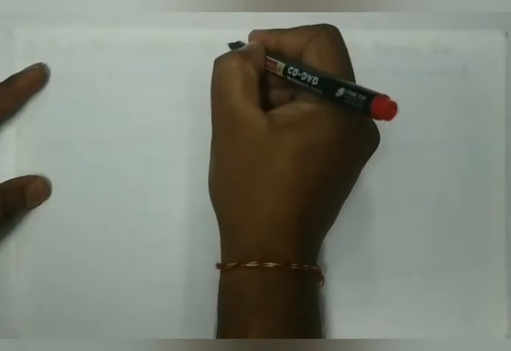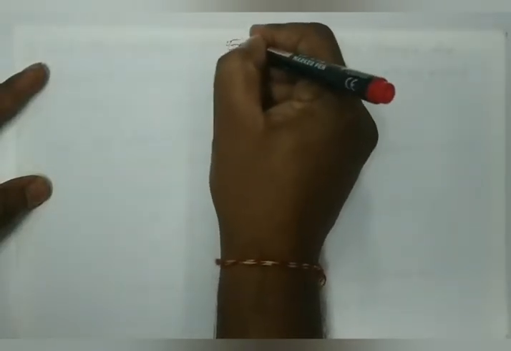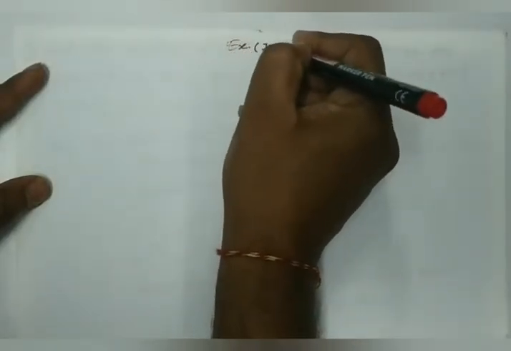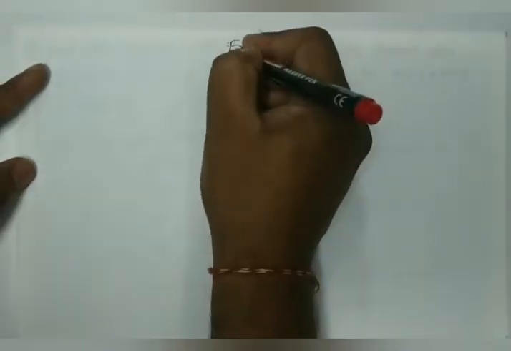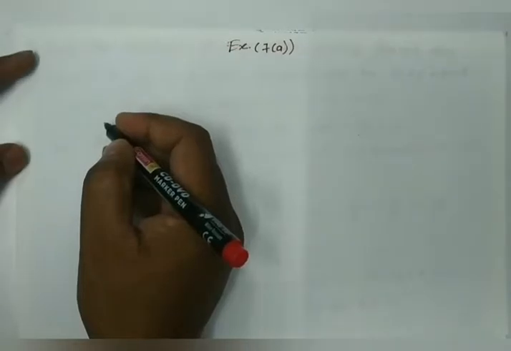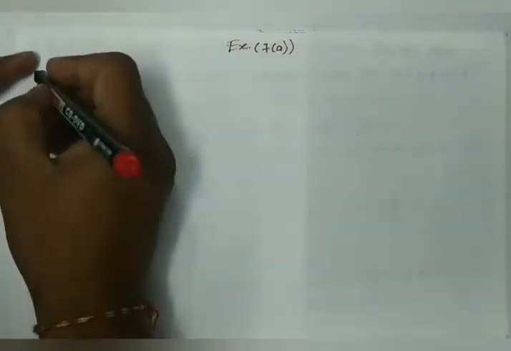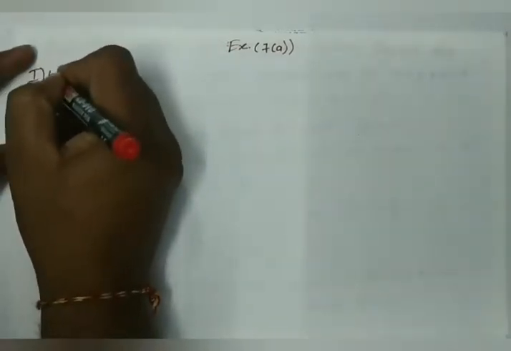Now let us discuss some problems in exercise 7a. First let us discuss problem number 4 in first Roman.